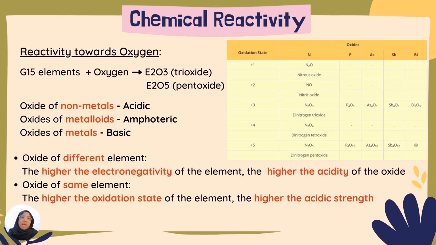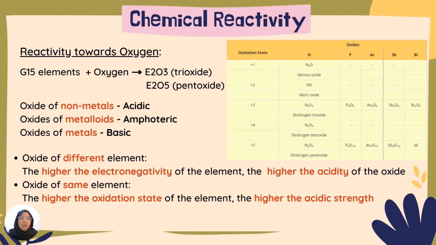When group 15 elements react with oxygen, they will form two types of oxide, which are trioxide and also pentoxide. Regarding oxides, you should know the acidic strength. To understand and arrange these oxides in order of their acidic strength, you should know some basic properties. Oxides of non-metals will become acidic.